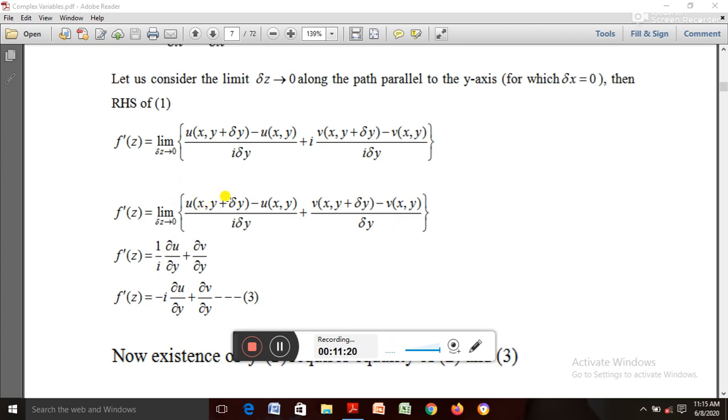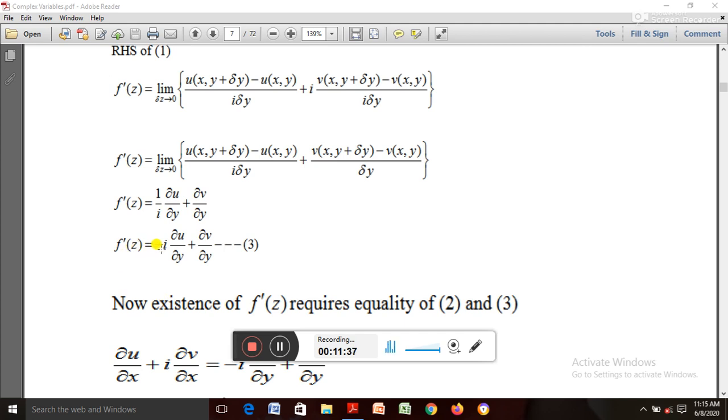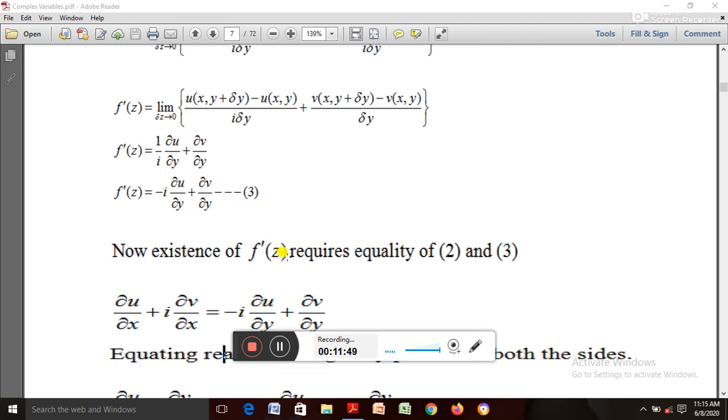So again it is a partial derivative with respect to y, which is del v by del y, by the definition of partial derivative. Therefore it can be rearranged, so 1 by i can be written as minus i. f dash of z equals minus i into del u by del y plus del v by del y. So this is the definition of the partial derivatives of u and v with respect to y, and it is equation number 3.